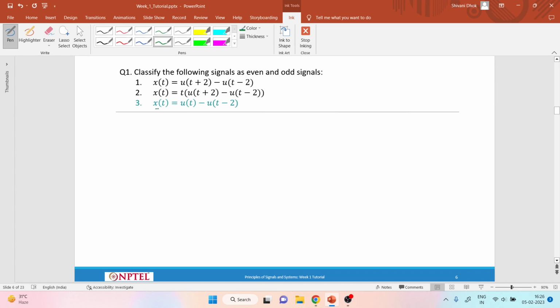So let us look at this third part of this question, and it says that x of t is equal to u of t minus u of t minus 2, where u is your unit step signal. So we saw how this u of t looks. It is 0 till 0, and then it becomes 1. So this is t, this is u of t.